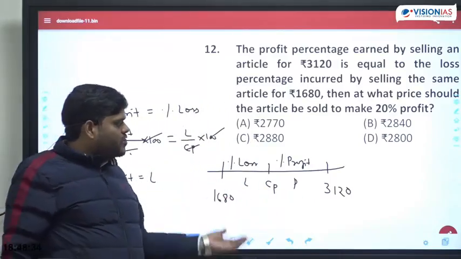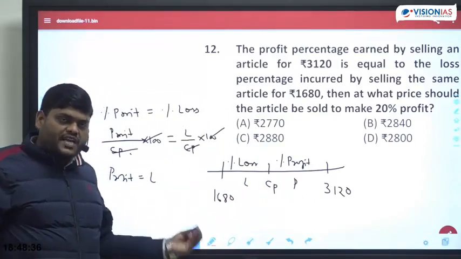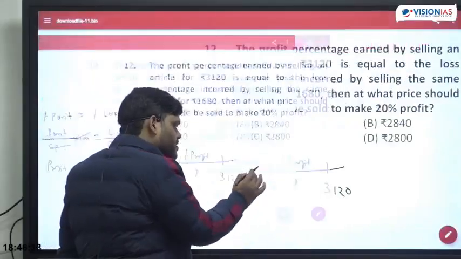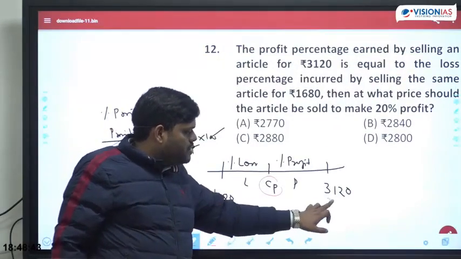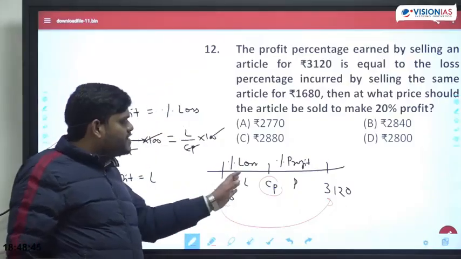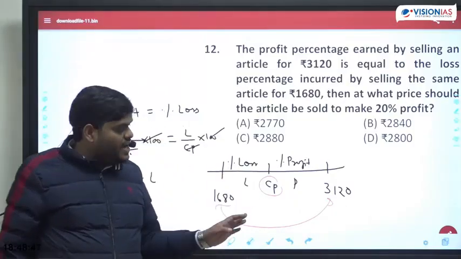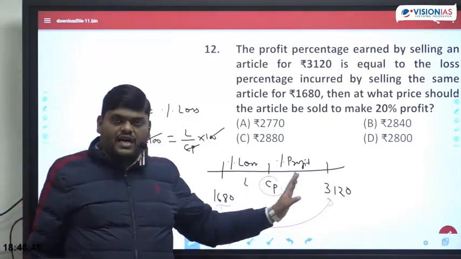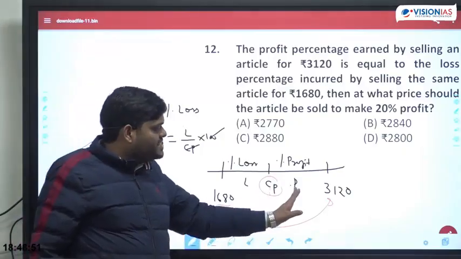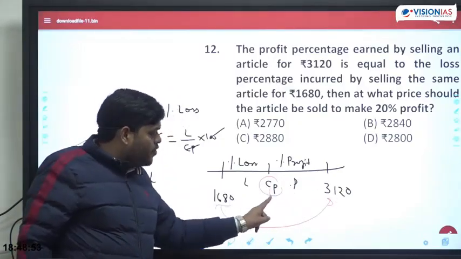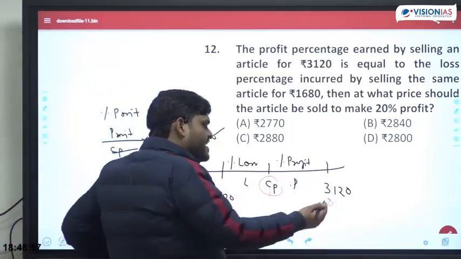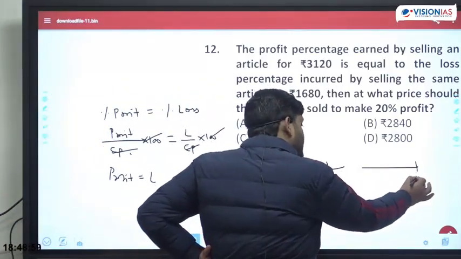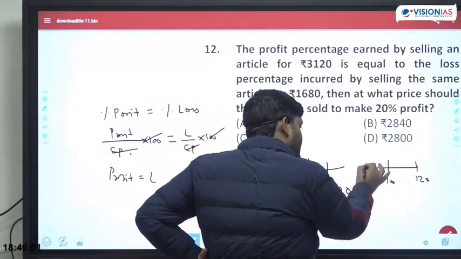Now if both are equal, one thing is very clear: the CP is the middle of these two values. Why? Because the profit and loss are both equal. Whatever you increase to reach here, the same amount you have to decrease to reach here. Suppose as an example, this is 120, this is 100, this is 80.